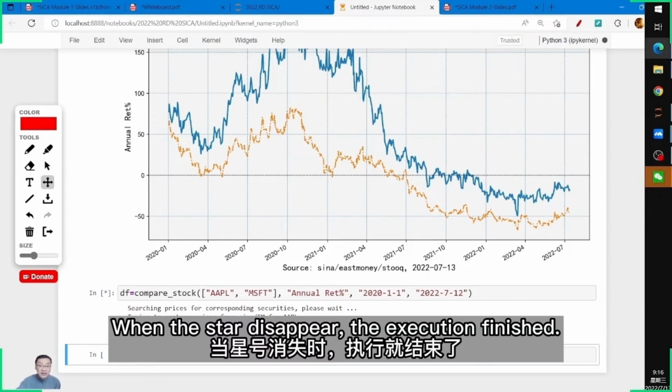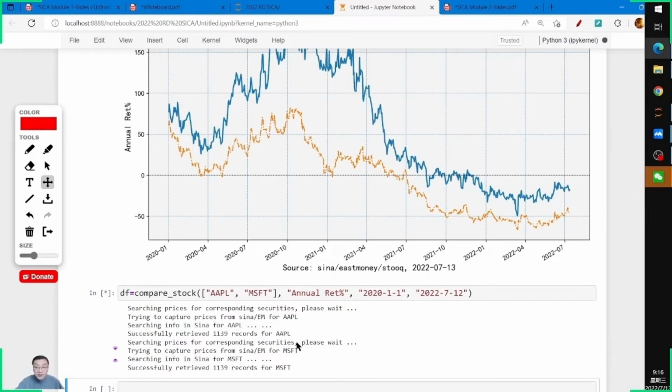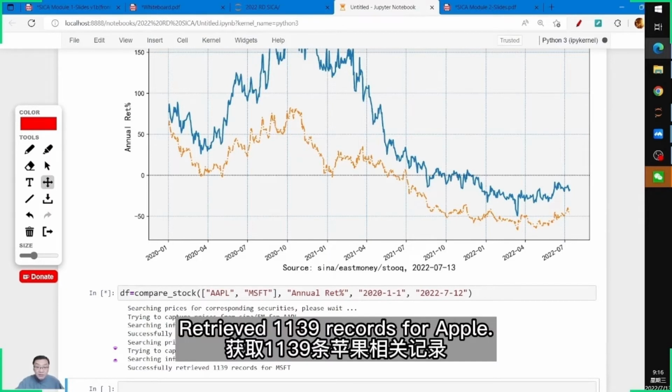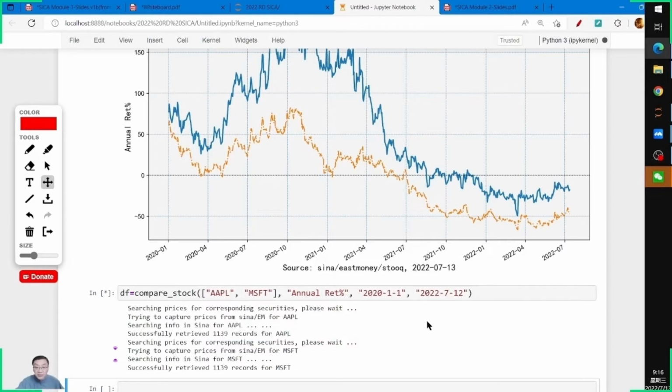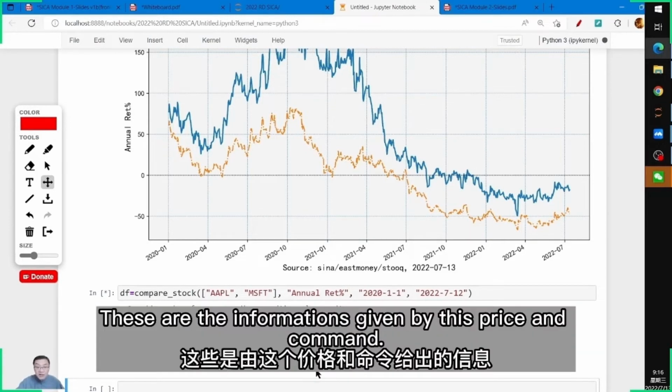When the star disappears, the execution has finished. Trying to capture prices from Sina Finance and East Money for Apple. Retrieved 1,139 records for Apple. Searching the information in Sina Finance for Microsoft. These are the pieces of information given by this Python command.